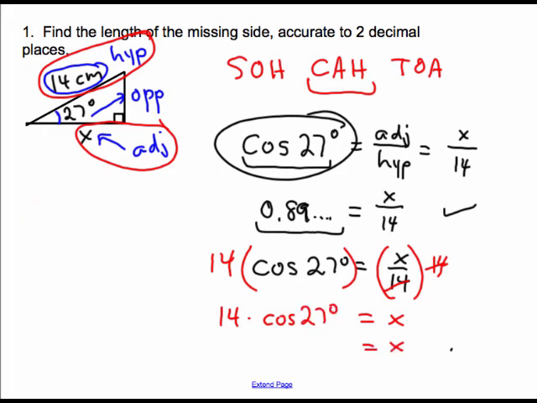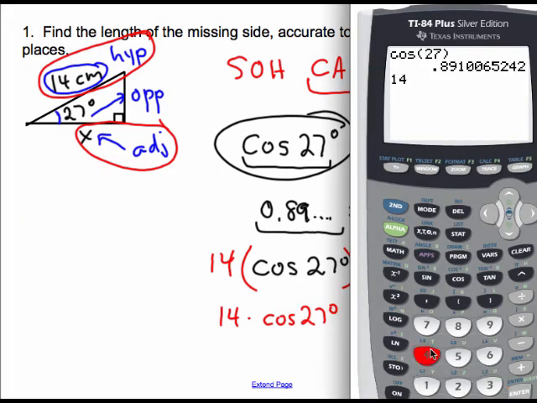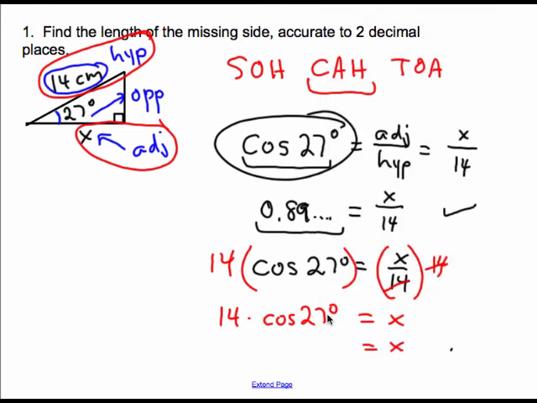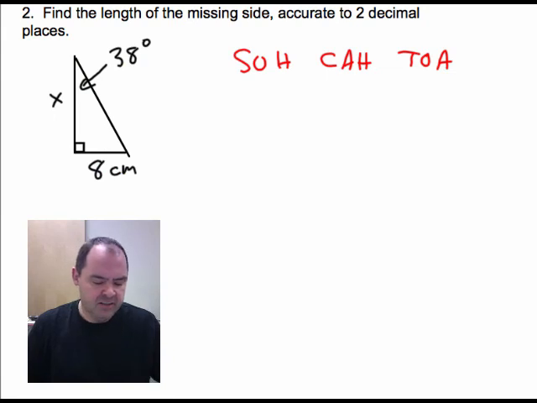And on my calculator, 14 times cosine 27, and rounding that off is 12.47 centimeters.